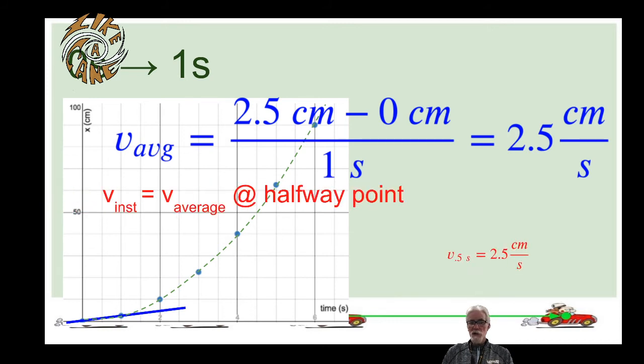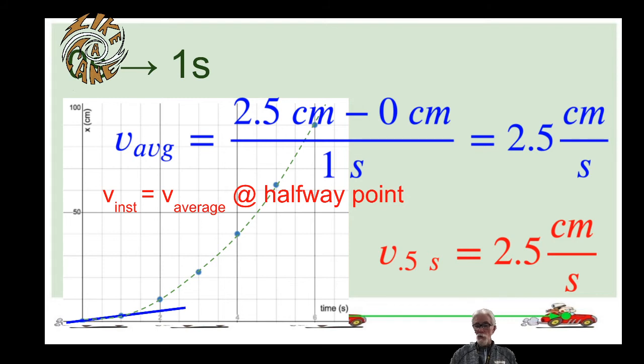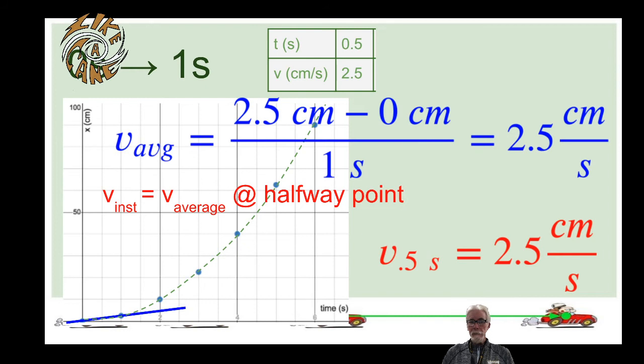But remember, the instantaneous velocity is equal to the average velocity right at the halfway point. So halfway between 0 seconds and 1 second is 0.5 seconds. So the instantaneous velocity at 0.5 seconds is 2.5 centimeters per second.